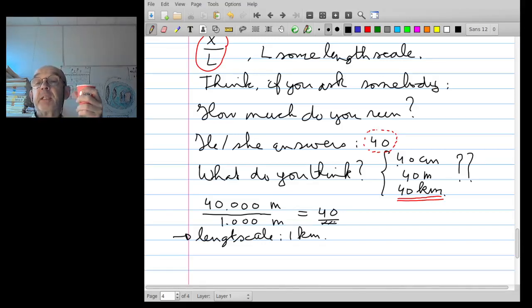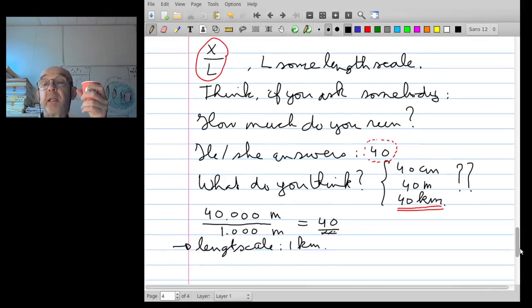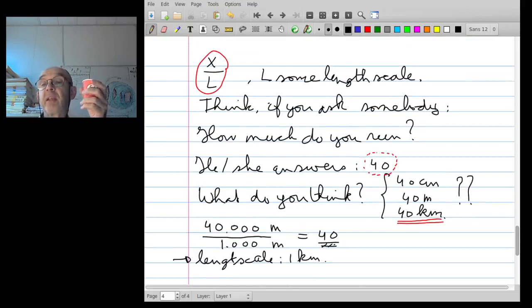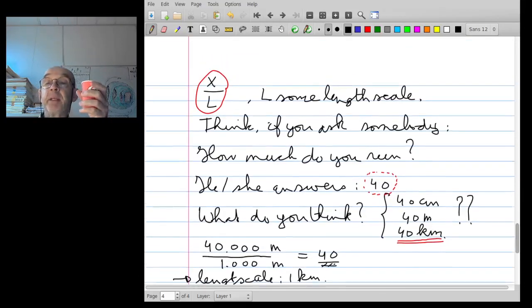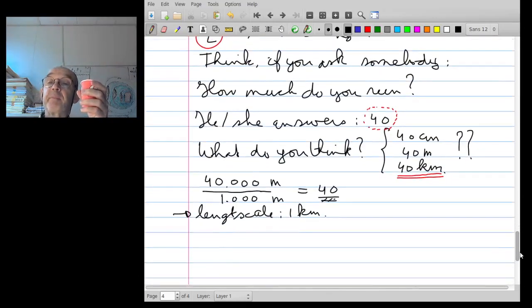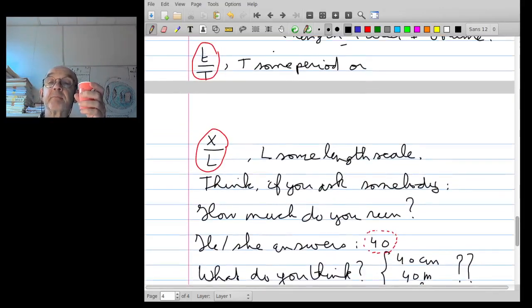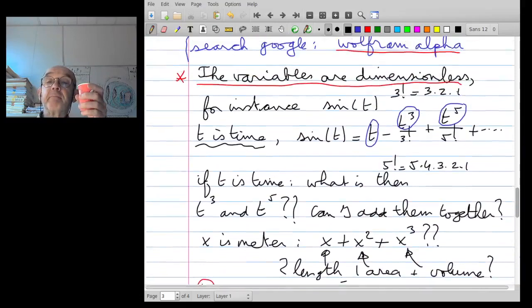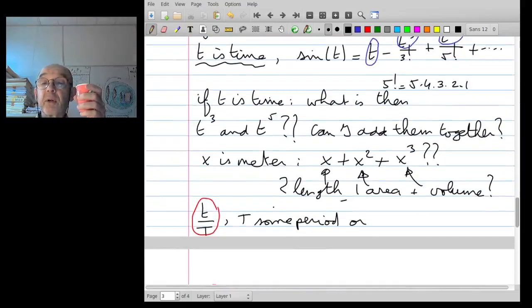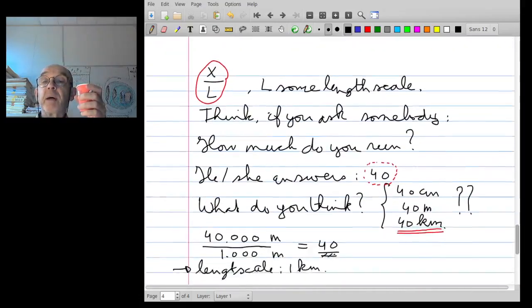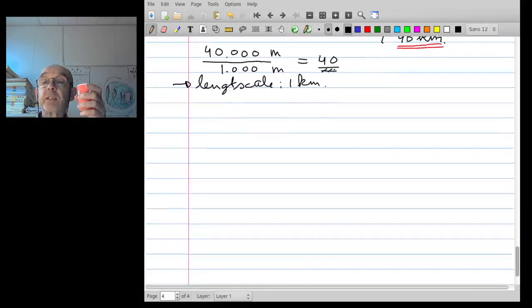The strange thing is that when he answers 40, you think already in kilometers. Okay, that is about the length scales and so on.